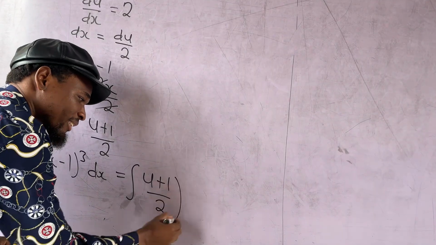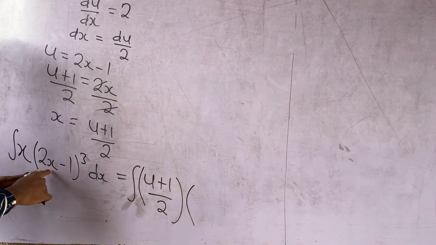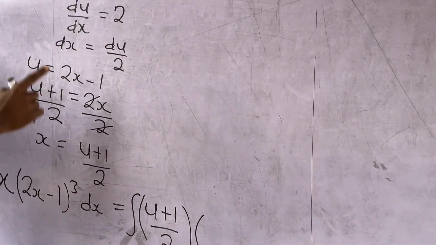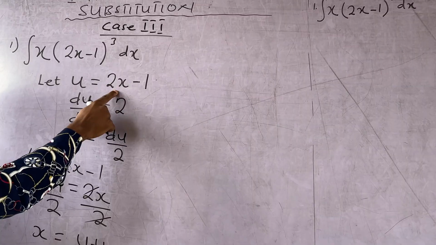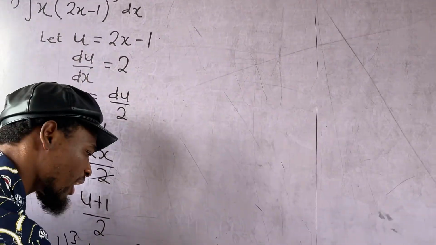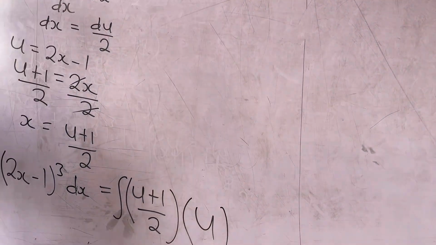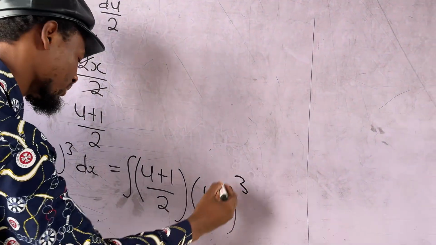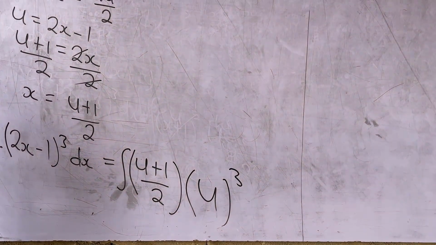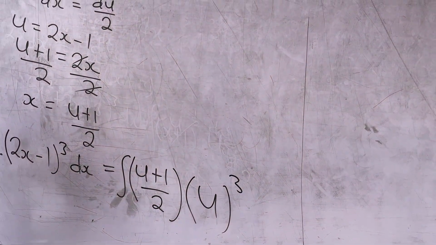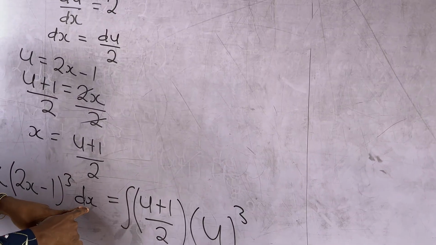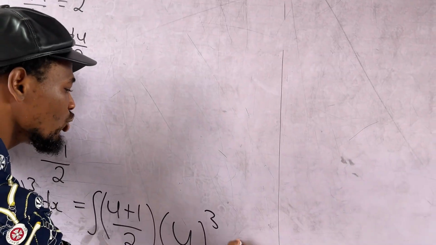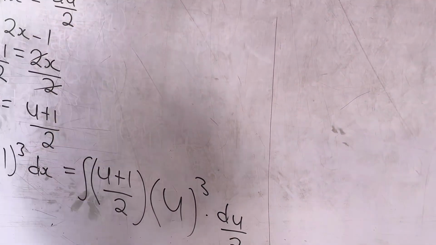Then this expression is multiplying 2x minus 1, which is the same as u. So I have it times u, and u is raised to an exponent of 3. As simple as that. Then dx. What is dx? dx is equal to du over 2.